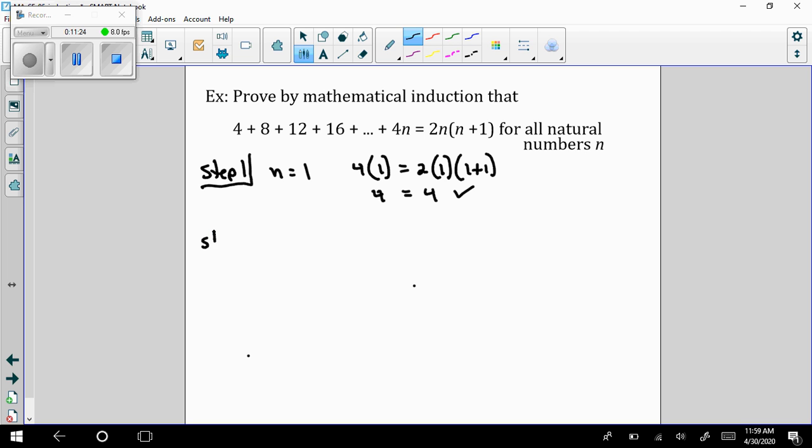So step 2 is basically where you recreate the statement and just make n equal to k. Okay, so we're going to assume truth for n equal to k.